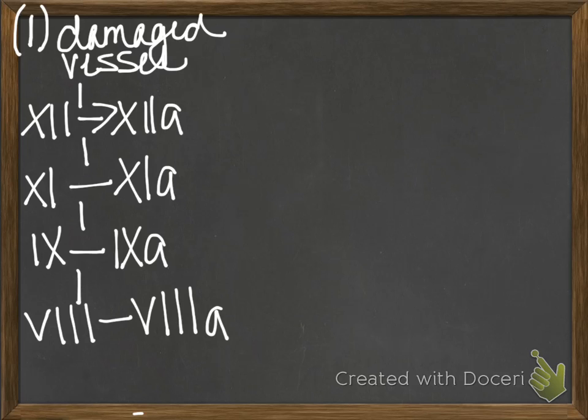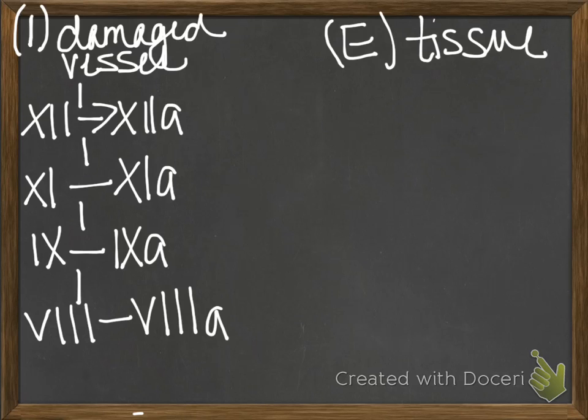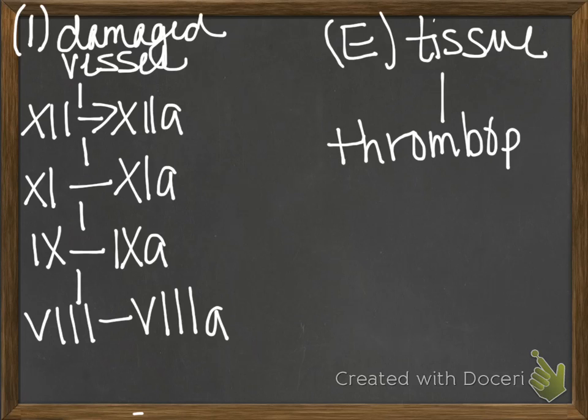So that is the slow one. And you can see why it's so slow, because it has to go through a number of factor conversions. Now our extrinsic pathway, or our faster pathway that's going to deal with damage to tissue, and remember, we release the thromboplastin, and that's basically all it's going to release.